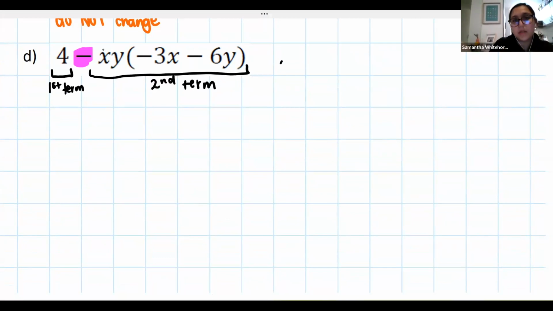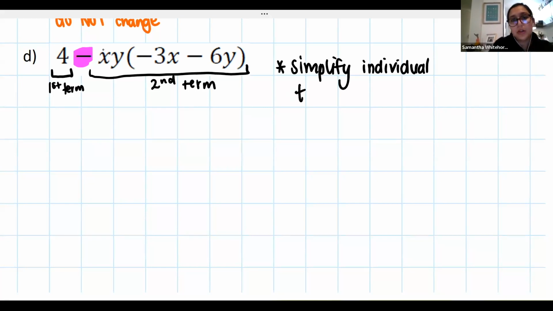Now, very importantly, we first need to simplify individual terms before we start stressing about like terms. So I first need to simplify term 1, and then I need to simplify term 2, and then I can start looking at like terms.